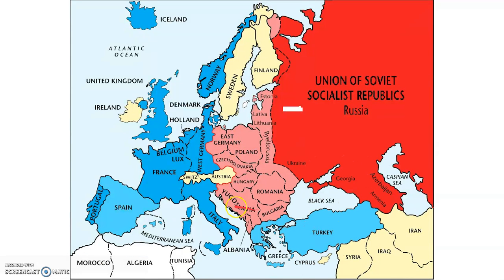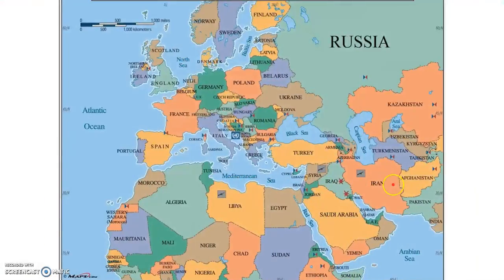And so all these countries, Yugoslavia, Hungary, Czechoslovakia, Poland, essentially all these nations became new nations after the fall of the Soviets. Here you can see it now.